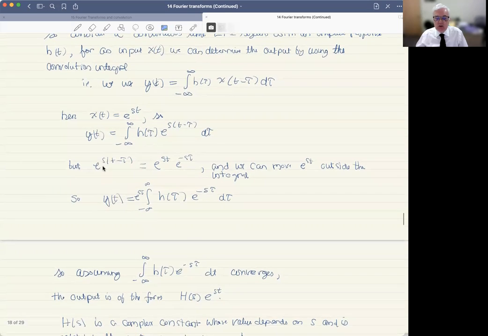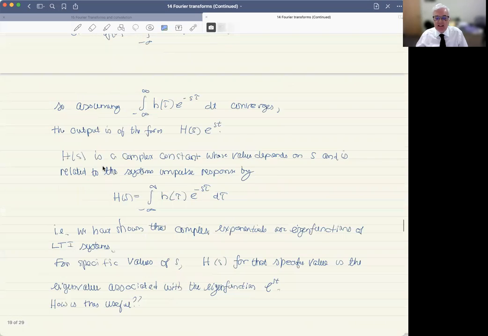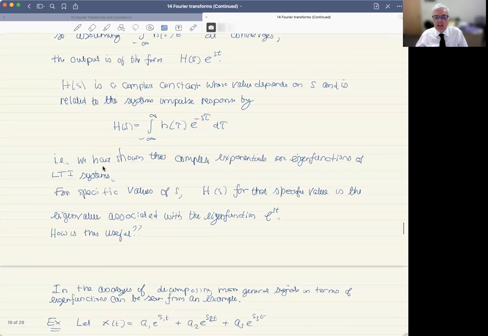And you can see the calculation, and what we come up with is a function H of s, which is related to the impulse response by the particular integral in the middle of this page. And this shows that complex exponentials are eigenfunctions of LTI systems.